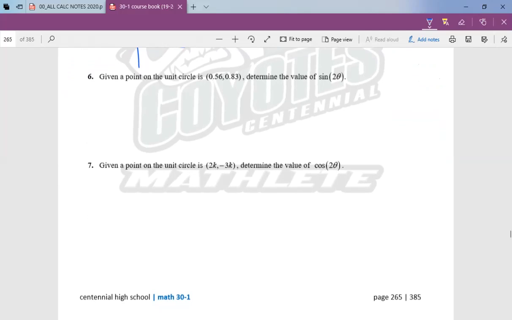Question number 6. Given a point on the unit circle, determine the value of sine 2 theta. If our point is 0.56 and 0.83 for x and for y, then what do we know? We know that sine 2 theta is equal to 2 sine theta cos theta.